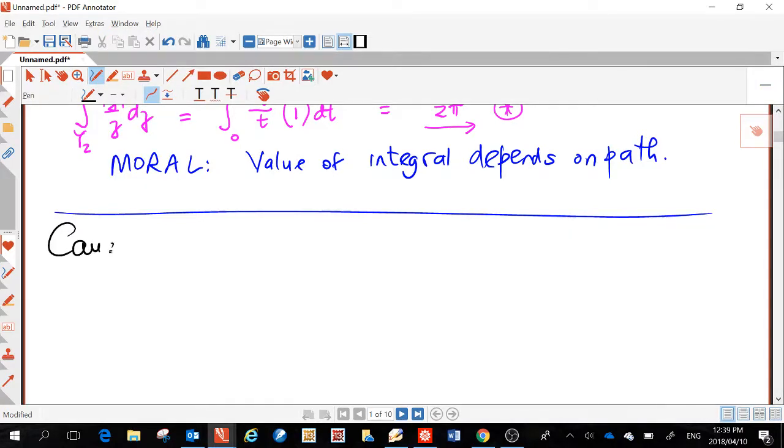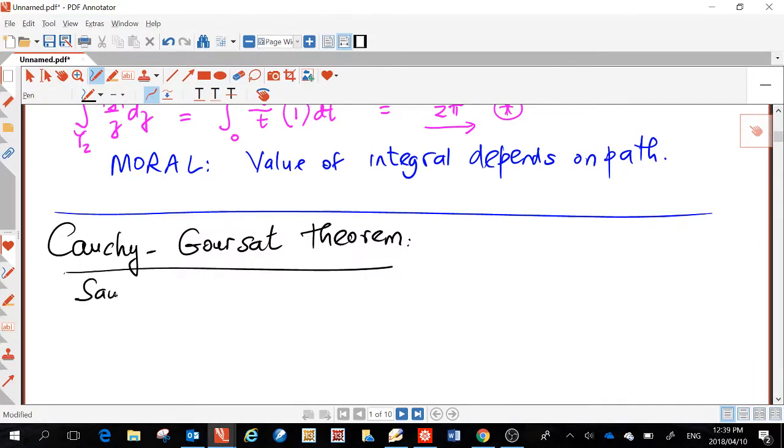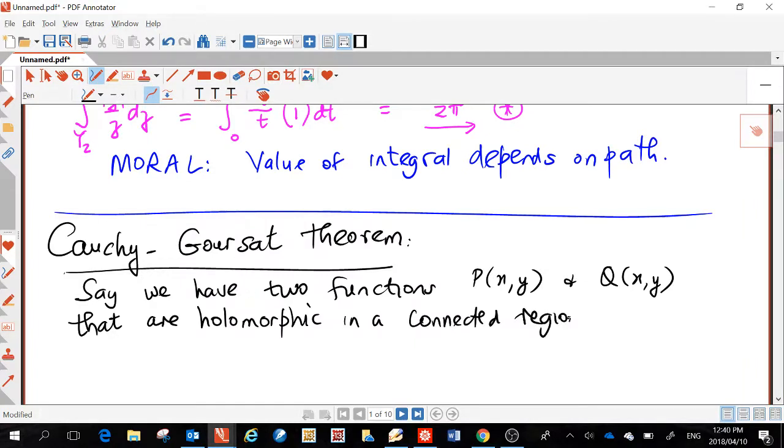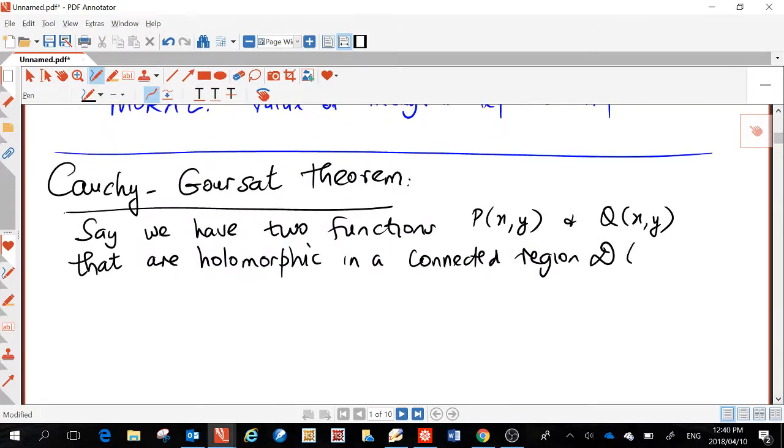So let's start off. We'll call this the Cauchy-Goursat theorem. Say we have two functions, p of x, y and q of x, y, that are holomorphic in a connected region D. Here it means there are no holes.